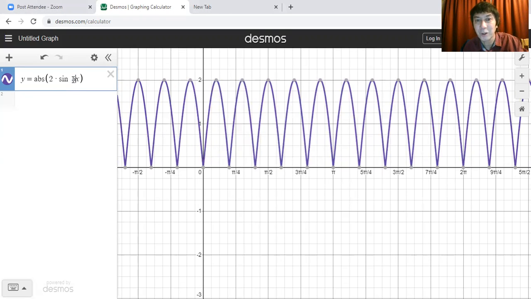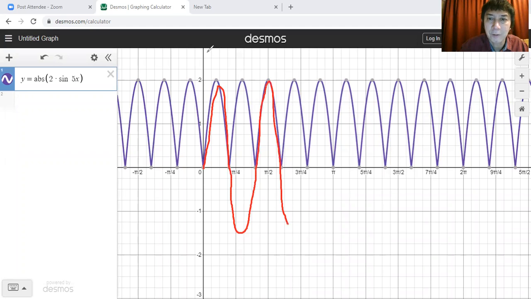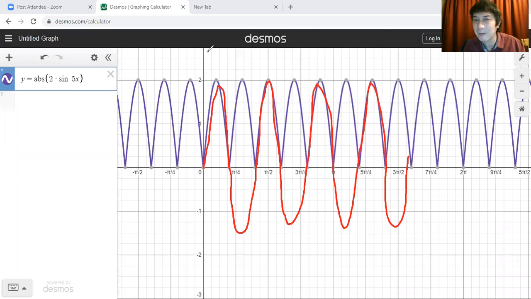Notice there is nothing below the x-axis. That means there are no negative values for y, because we have taken the absolute value. So instead of having the graph like this, even the lower part of the graph is reversed because you have used the absolute value there.